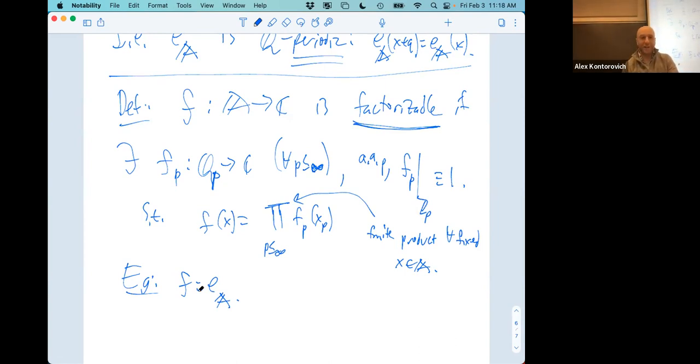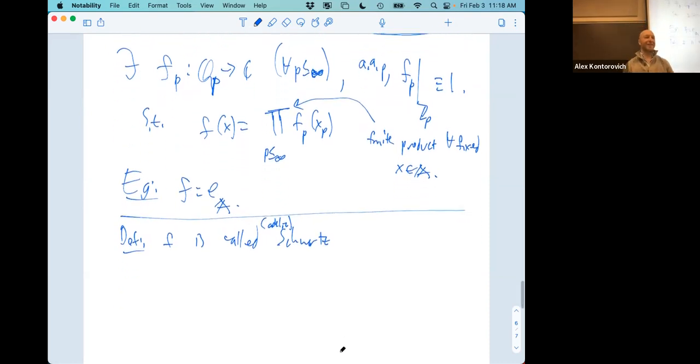Fine. A function is called adelic Schwartz. Definition: f is called Schwartz, and some people remind you that it's not the Schwartz class of real functions, but the adelic Schwartz class. If it is, and now I'll put in parentheses, a finite linear combination of, if it is factorizable.